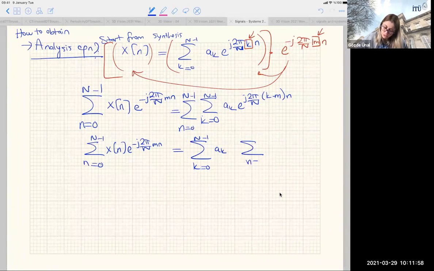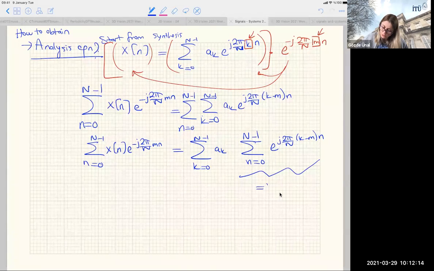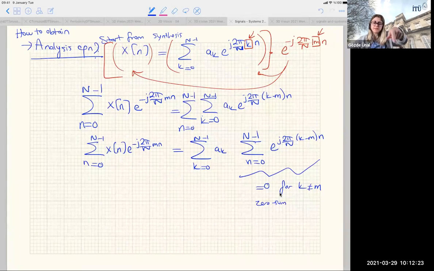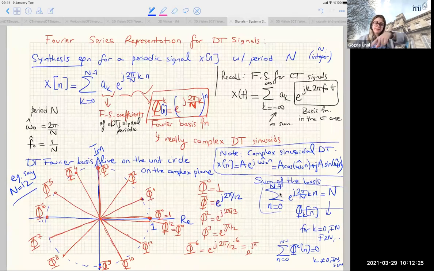I use the orthogonality property of these basis functions, e to the j 2 pi over N k minus m n, and I know this sum is 0 for k not equal to m. This is the zero sum property. We've seen it over here, where everybody had their symmetric versions. When k is not equal to m, the sum is zero.